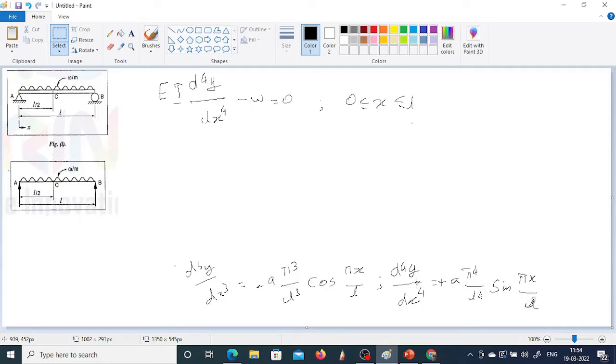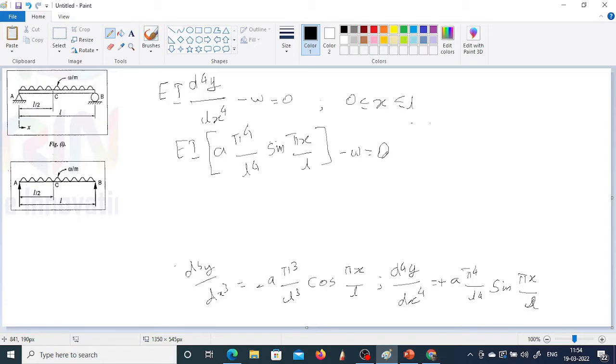So I can substitute d power 4 y by dx power 4 in the corresponding equation, so that I get EI into A pi power 4 divided by L power 4 into sine pi x by L minus w is equal to 0.